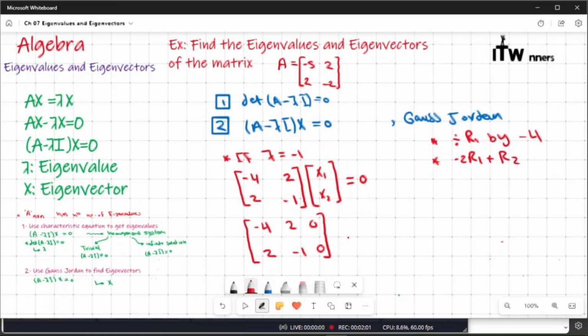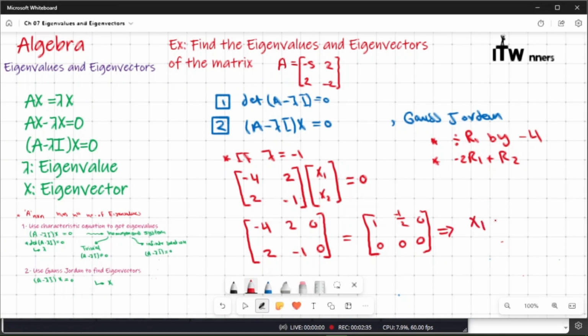So this will be equal to 1, negative 1 half, 0, and here multiplied by negative 2, then add to 2, we have 0, multiplied by negative 2, then add to negative 1, so we have 0.